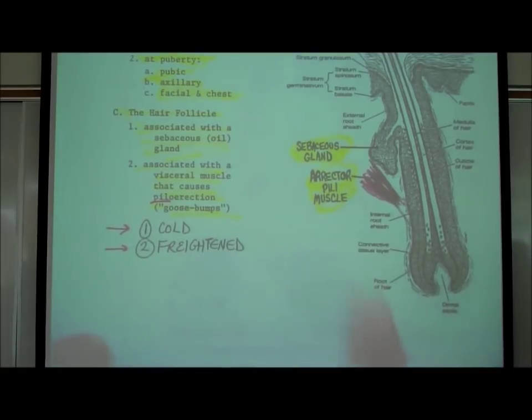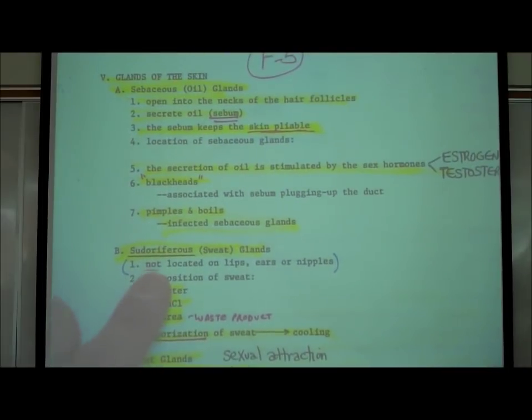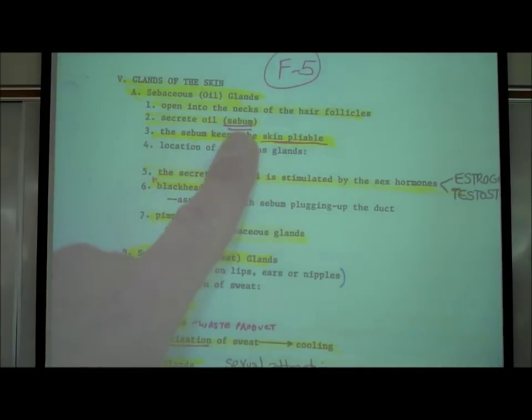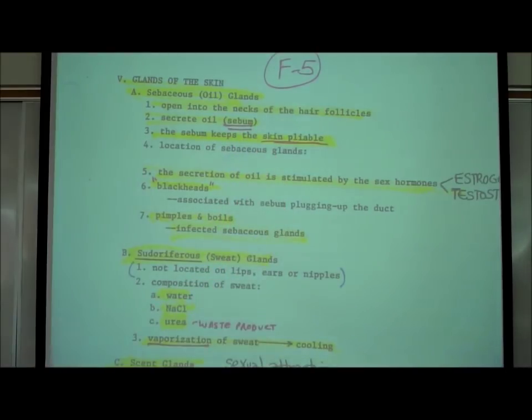Okay, now in terms of the sebaceous gland or oil gland, on the next page, on F5, the oil glands are always located by hair follicles. And they secrete this sebum or oil. And the purpose of the oil is to keep our skin pliable and flexible.